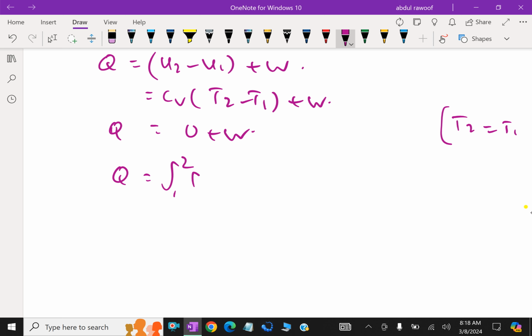Also we can write W equals P2 V2 log e V2 by V1, the same per unit mass. Therefore, Q equals W equals P1 V1 log e V2 by V1.